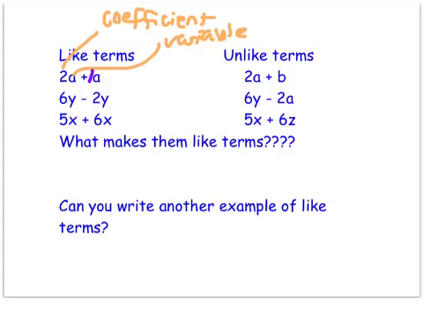Here we have 5x, 6z, different variables, unlike terms. So what makes them all like terms? They all have what? Like terms have the same variable.